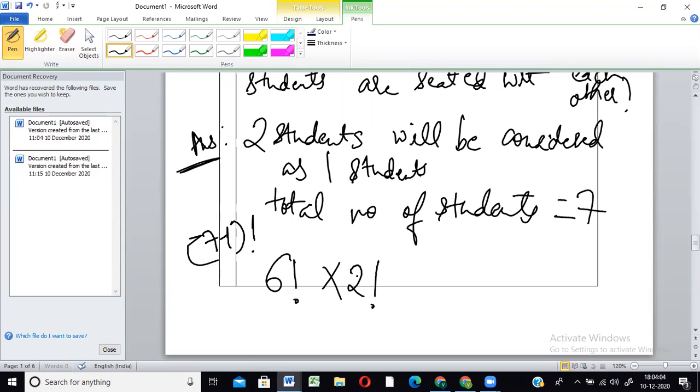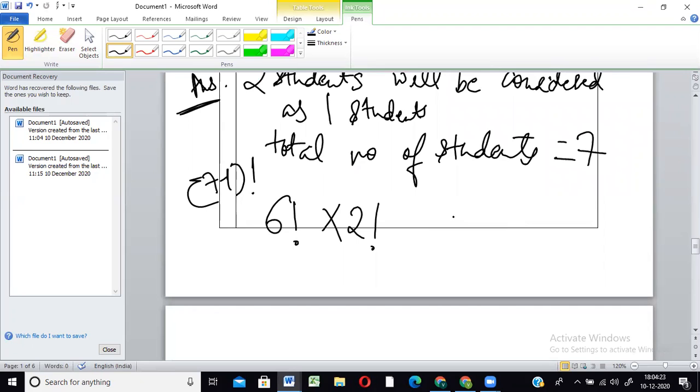These problems we had done last time as well: with the condition on brothers, we consider those three brothers as one object, do the remaining ones, and then those three brothers are internally seated in three factorial ways. So it is the same as that. Then the total becomes 120 into 12, that is 1440 total number of ways.